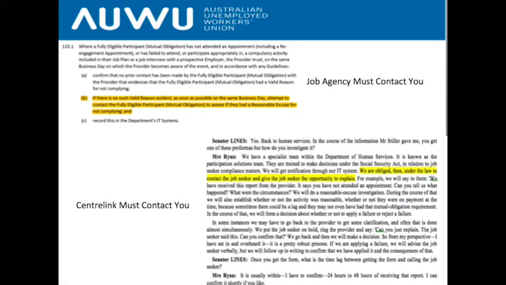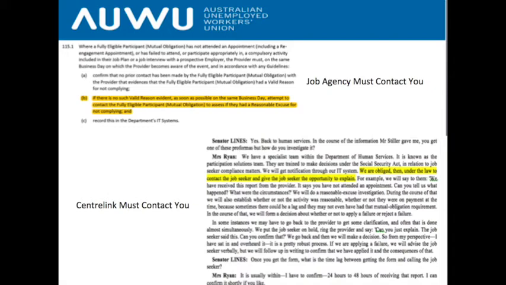But a lot of job agencies try to get around that by just sending a text message, because they're completely understaffed and they also can't really be bothered giving unemployed workers that opportunity to inform the job agency they have a reasonable excuse. Then secondly, we have proof here that says Centrelink must contact you once that participation report gets sent across.